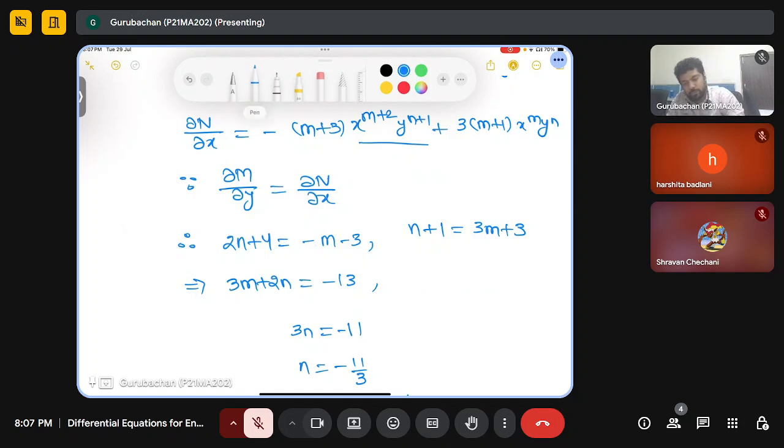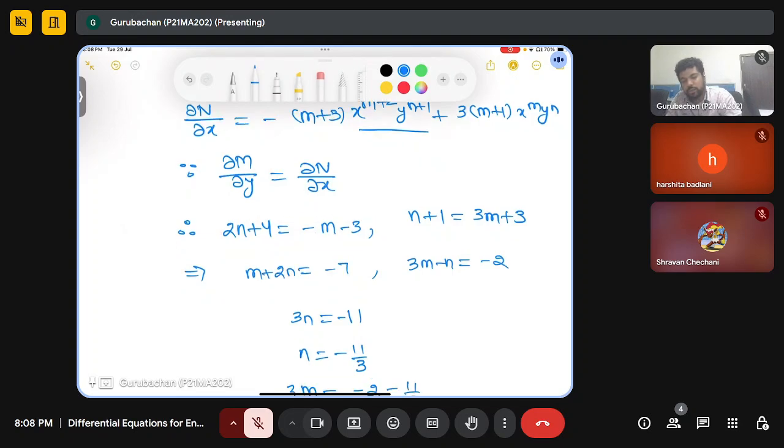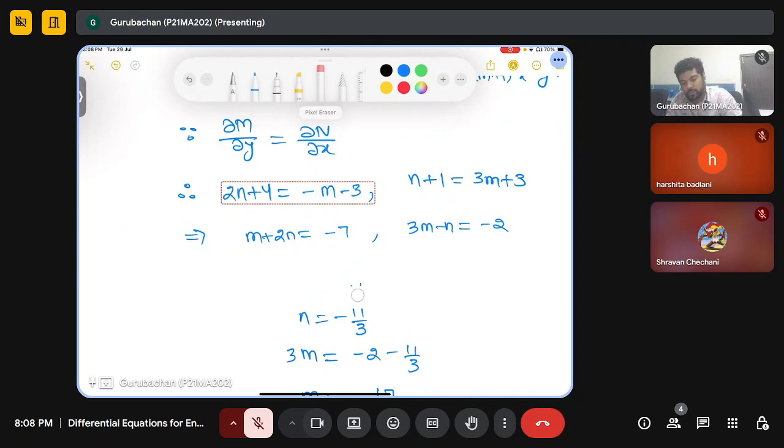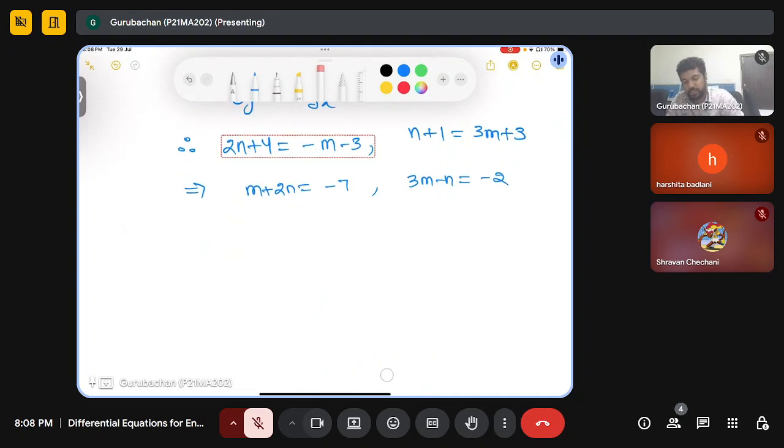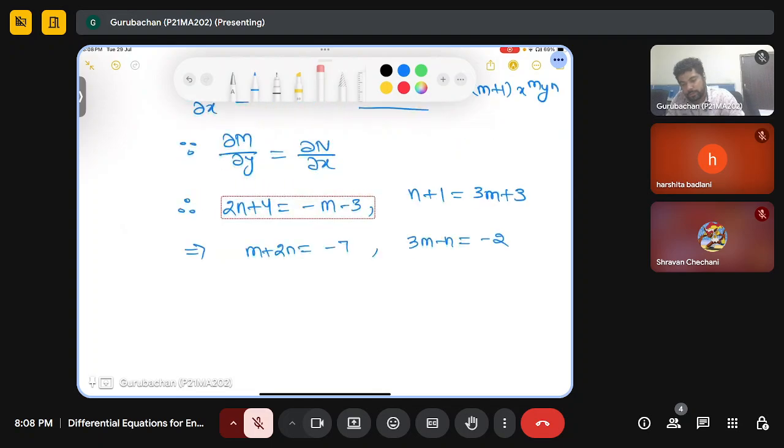This will be 3m minus n is equal to minus 2, and this will come out to be m plus 2n is equal to minus 7. So we have to solve with a little more effort.